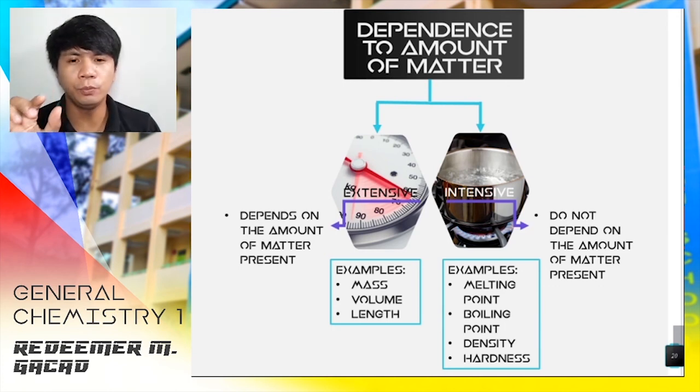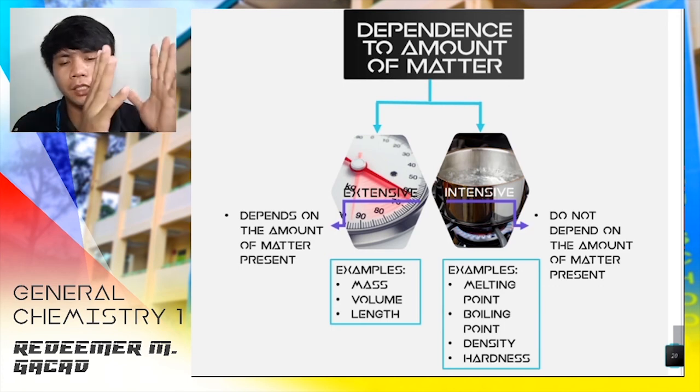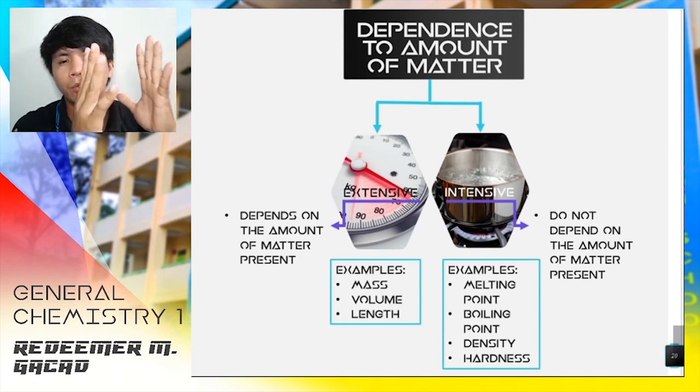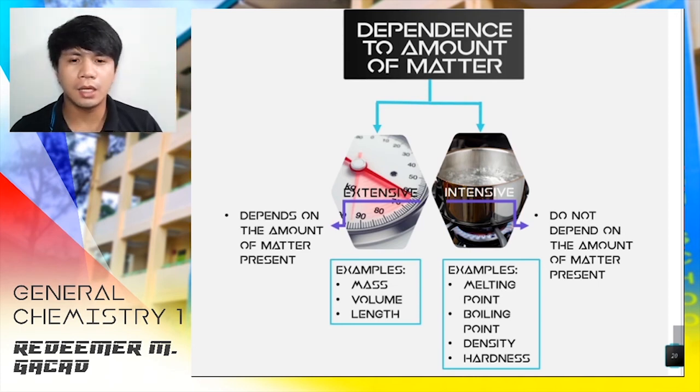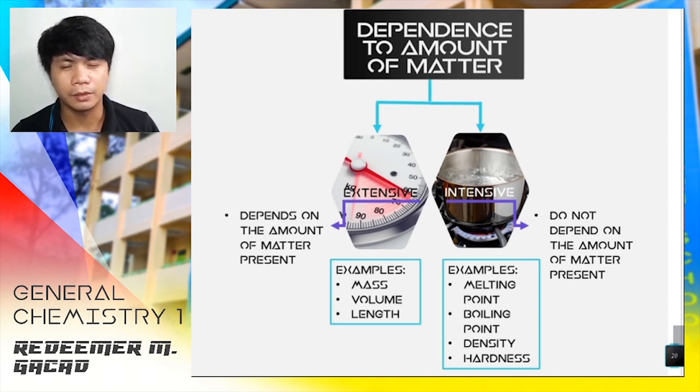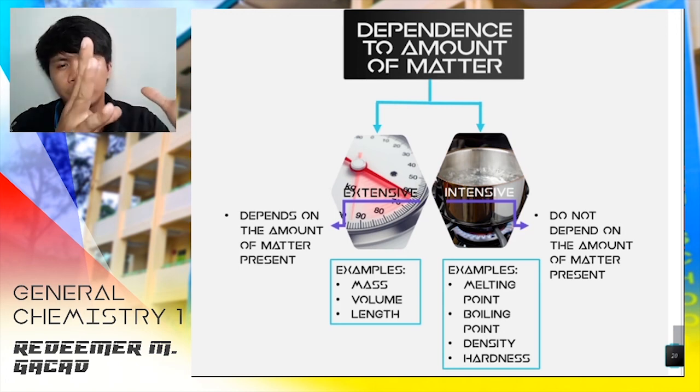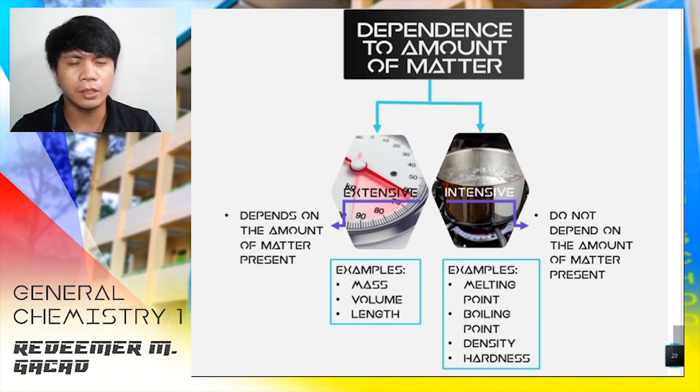Yung maliit na cube ng yelo versus yung malaking cube ng yelo, pareho silang matutunaw sa isang melting point lang. And that is 0 degrees Celsius. So, hindi yan nakadepende sa dami. Yung melting point ay hindi nakadepende sa dami. Okay? Hindi siya nakadepende sa amount of matter. Kahit na malaki man yan or maliit man yan, same yung kanilang melting point.